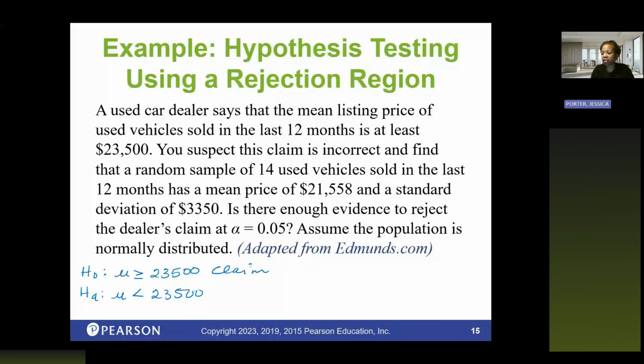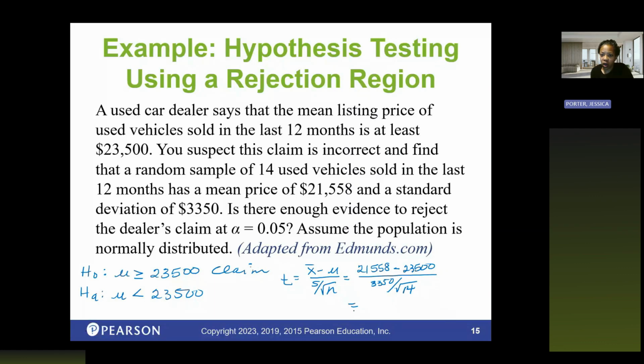We're going to calculate our t. Remember, it's x bar minus the population mean divided by s divided by the square root of n. So x bar is 21,558 minus 23,500, all over the sample standard deviation, 3350, over the square root of n, which was 14.